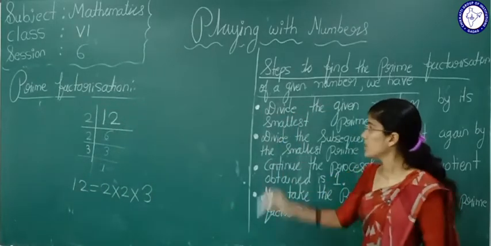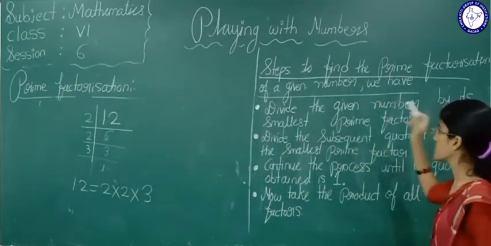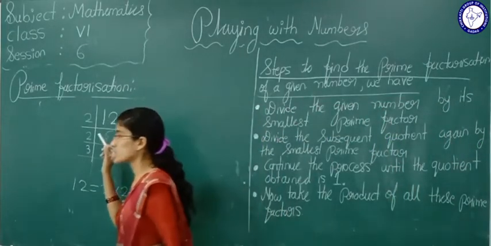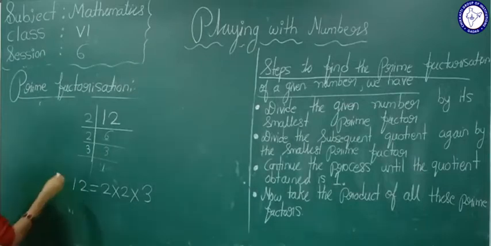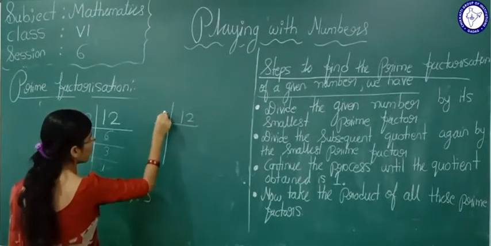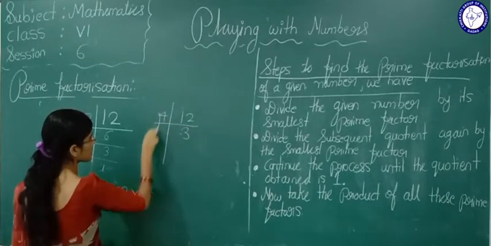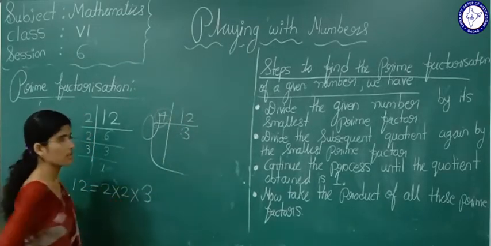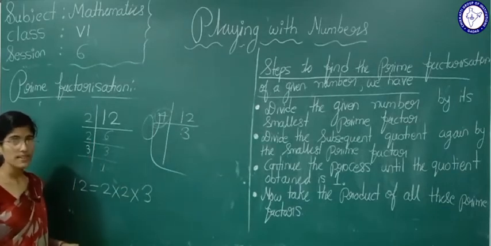What are they given? Divide the given number by its smallest prime factor. So students, don't make this mistake. You should not do 12 divided by 4, 4 3s are 12. This is wrong because 4 is not a prime factor. Is 4 a prime factor?